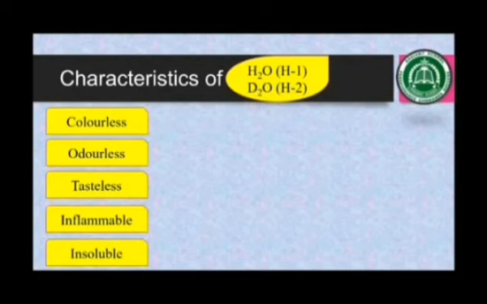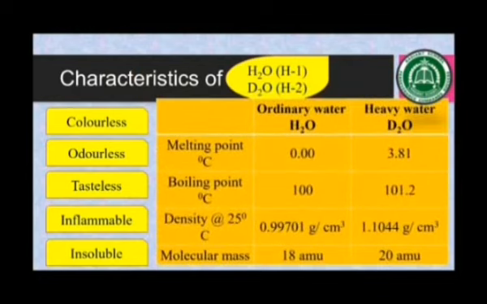Let's discuss the characteristics of ordinary water and heavy water. The melting point of ordinary water is 0.00 and for heavy water it is 3.81 degrees centigrade. Boiling point of ordinary water is 100 and for heavy water it is 101.2.